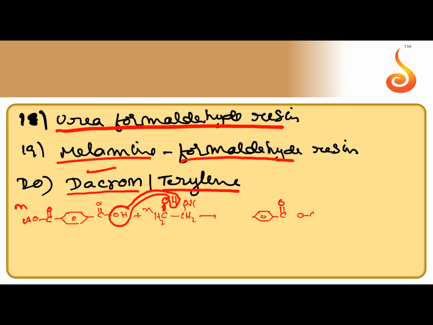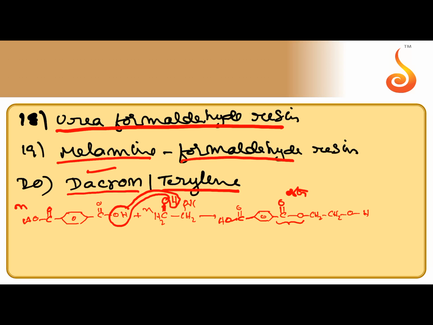CO, O of the ethylene glycol, you observe how to write the monomer, repeating unit in copolymer. These two get connected. So the bond which is responsible for the combination of two monomers is ester. That's why this is called polyester.